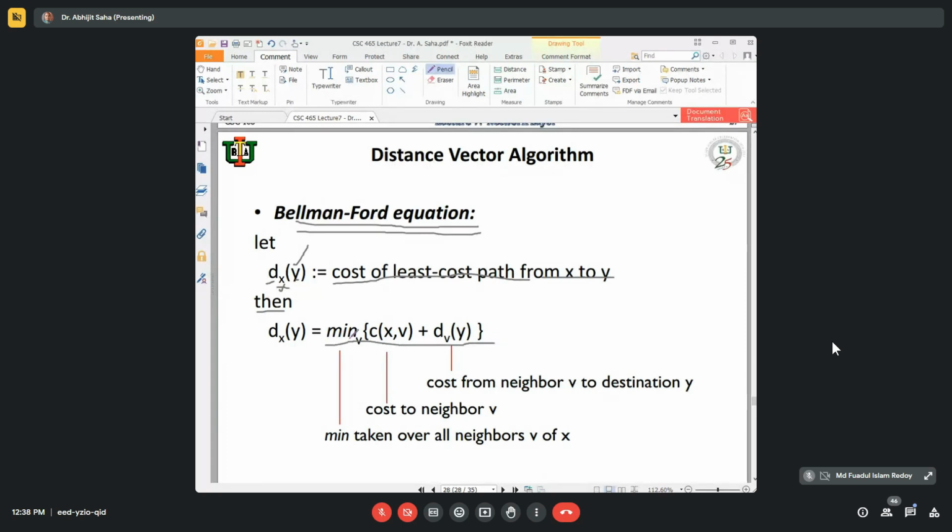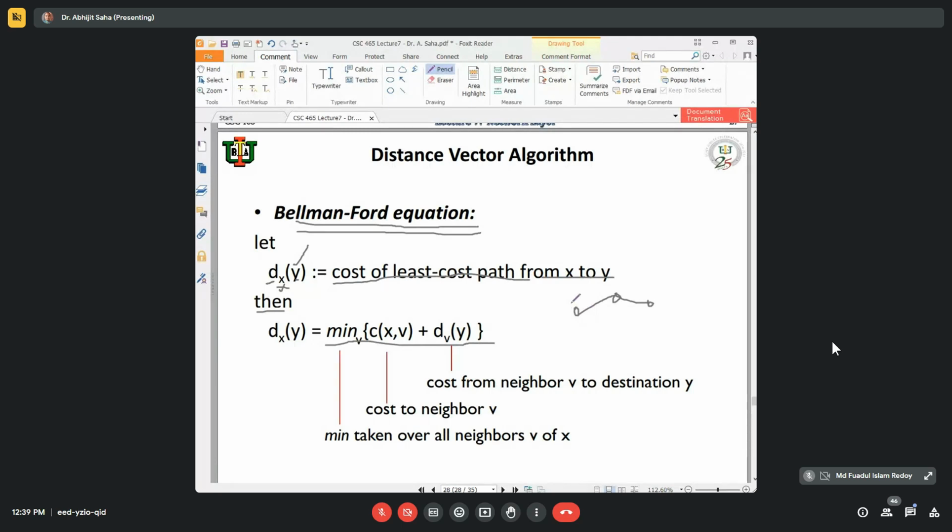It is the minimum taken over all neighbors v of x. And this is the main thing: the cost of x to v plus dv to y. Say this is a graph.